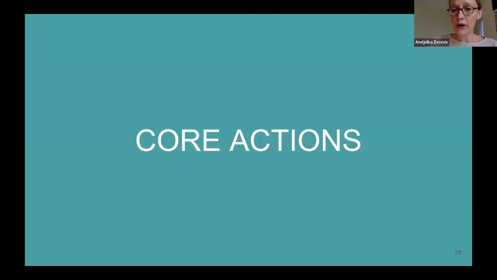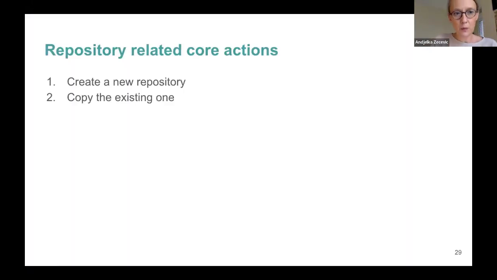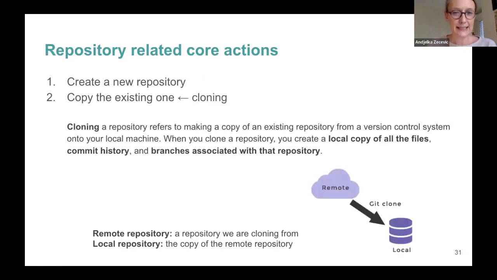What are the core actions related to the GitHub ecosystem? We have repository-related actions such as the creation of a new repository or the copying of an existing one. As a part of our hands-on session, we will see how we can create a new repository, and copying of an existing repository is known as cloning.